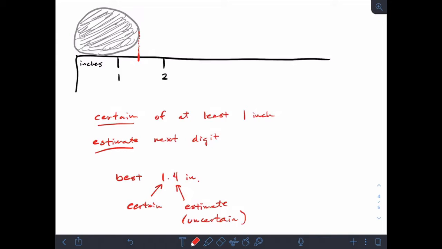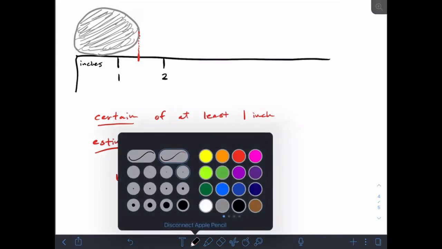Given what I have here with this ruler, I'm not likely to be able to say 1.46 with any certainty, because I can't estimate farther than the 4. Makes no sense, right?